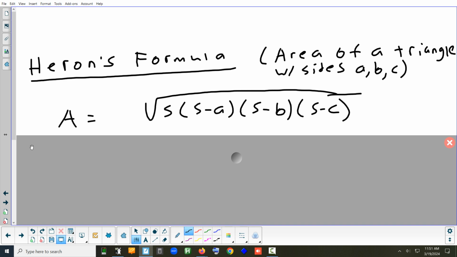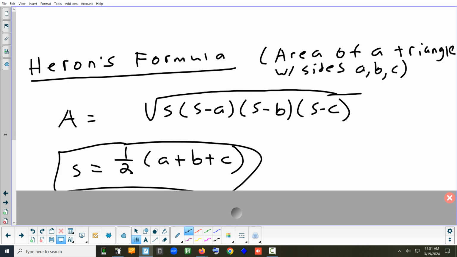So it says right next to it, the area of a triangle with sides A, B, and C. So that's what the A, B, and C are. But what letter in that formula haven't we seen before? S. Well, that's S. It's half of A plus B plus C. What is that really giving you?